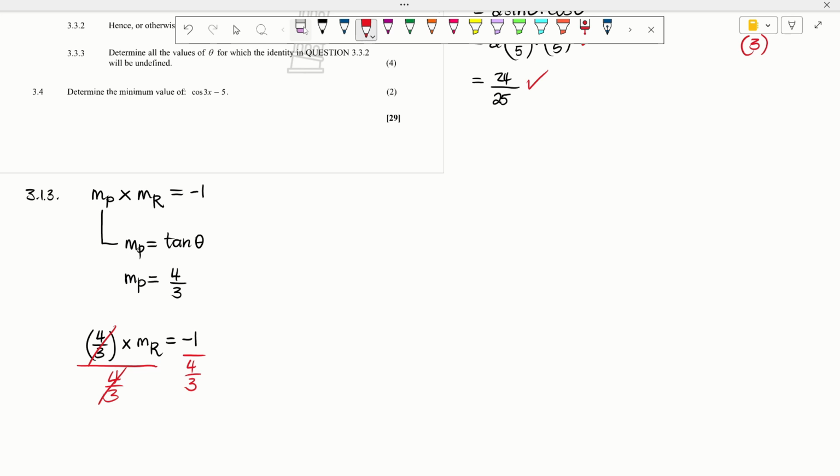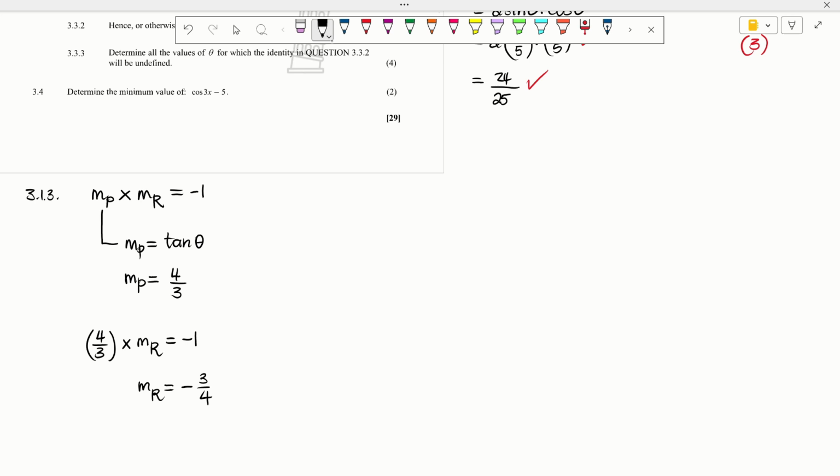So it's not going to be 7/3. Negative 3/4. That is correct. Make sure mathematically you divide correctly. So negative 3/4 is the gradient.